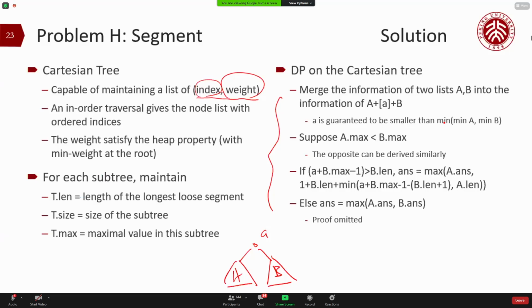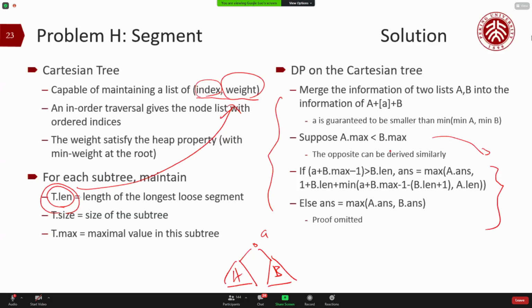So in this Cartesian tree, we use this property as the weight. And then there are multiple cases. Assume the maximum value of the left subtree is smaller than the maximum value in the right subtree. So here's the case for the following analysis. If this is the opposite, we can derive it similarly.